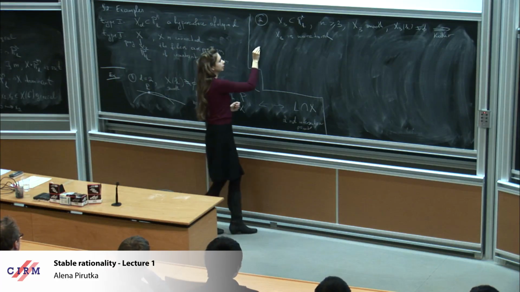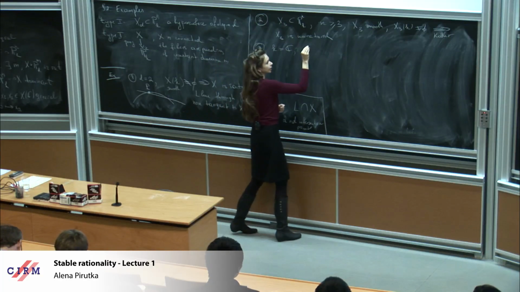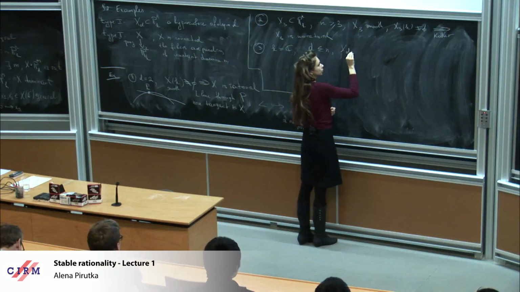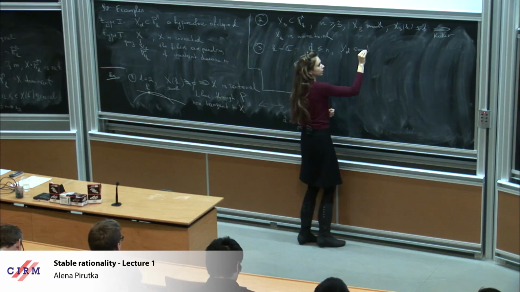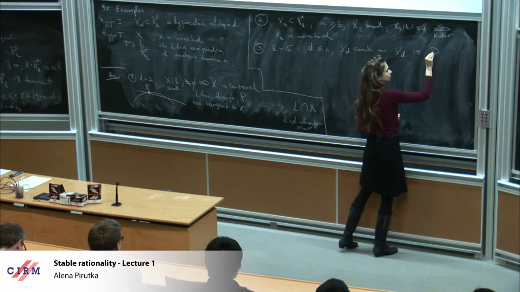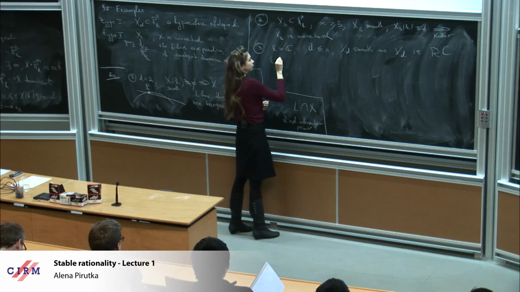So more generally, over the field of complex numbers, if I have d at most n and Xd smooth, then Xd is rationally connected. And more generally, it actually holds for Fano varieties.